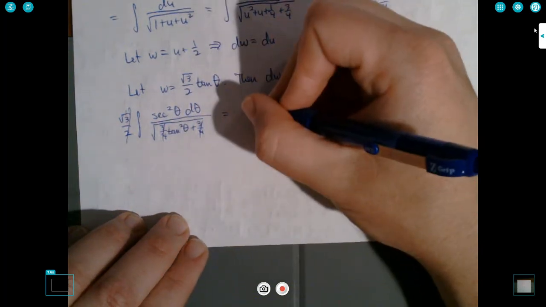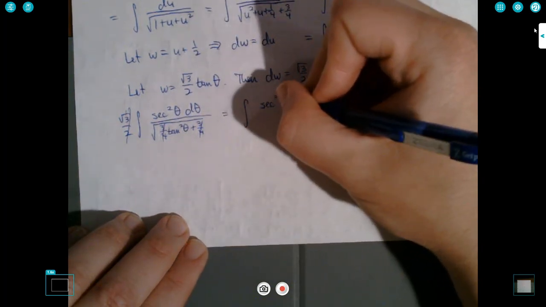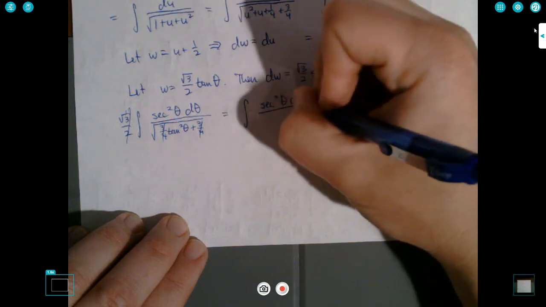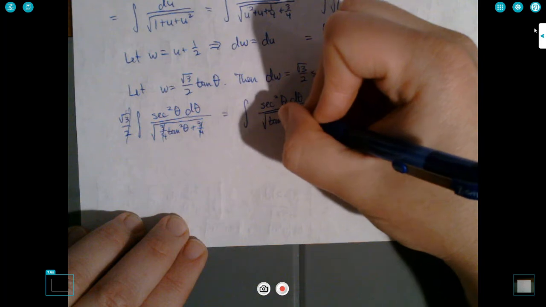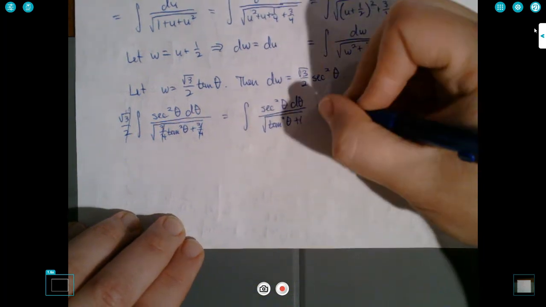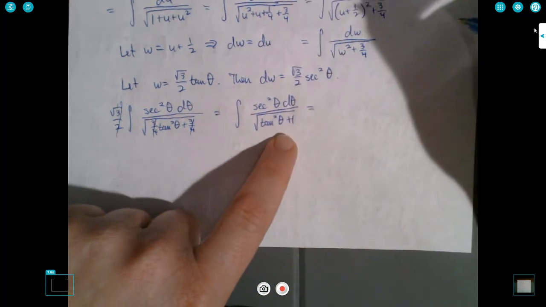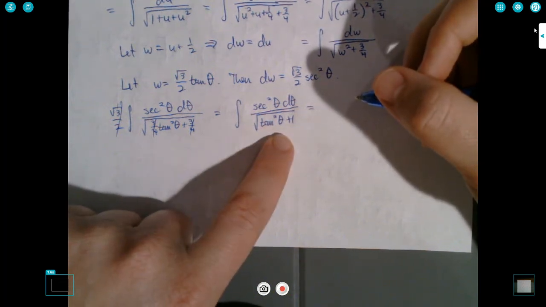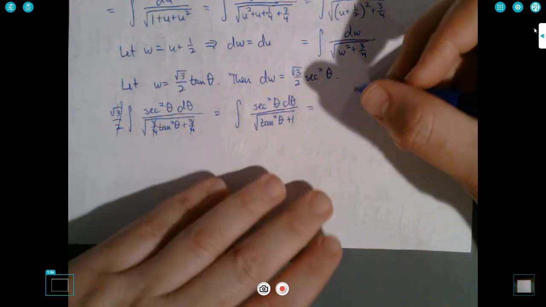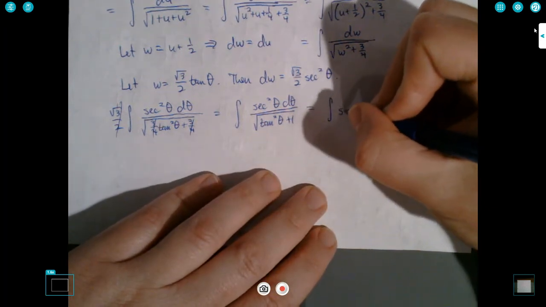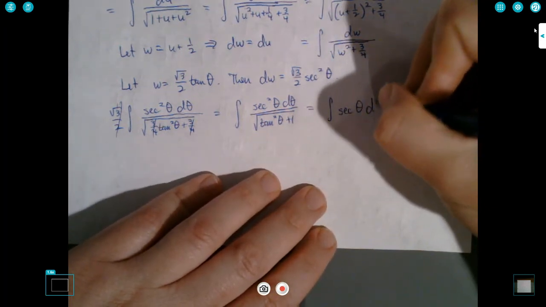So this ends up being secant squared theta d theta over square root of tangent squared theta plus 1. Tangent squared theta plus 1 is just secant squared theta. Square root of secant squared theta is just secant theta. And secant squared divided by secant is just secant. Look at how nicely that simplifies.